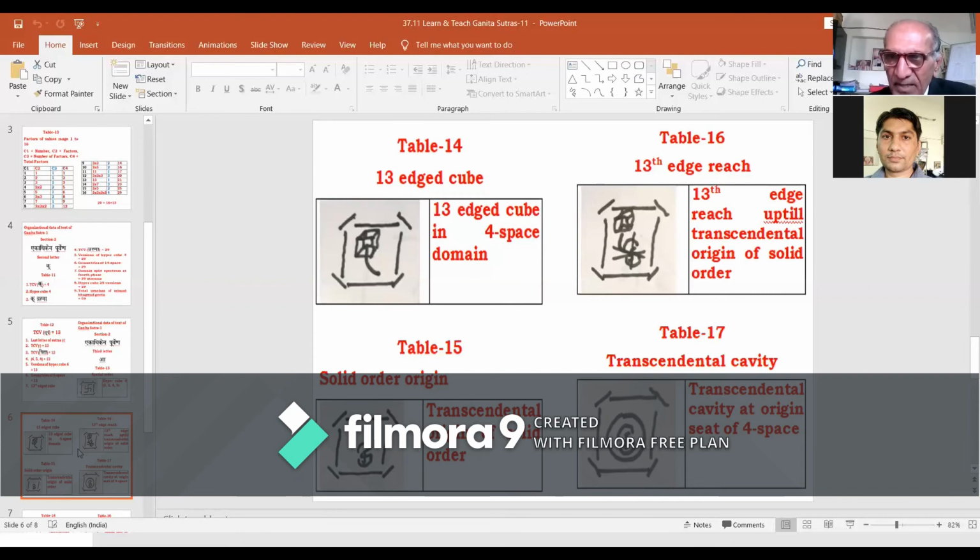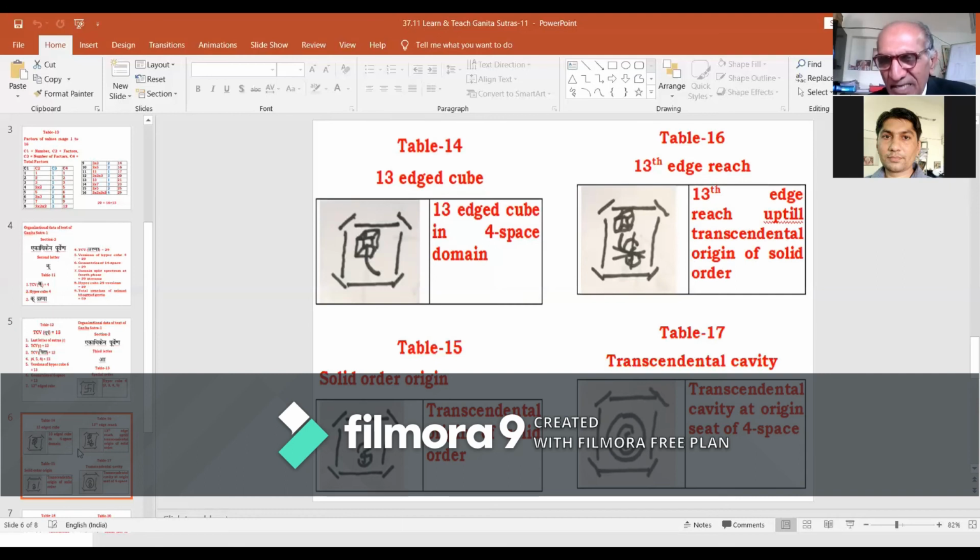Firstly, being the point of fourth space domain, and secondly, being the point of a transcendental domain. This that way clearly brings to focus that but for the seal of the center because of the transcendental origin, there happens to be a cavity.